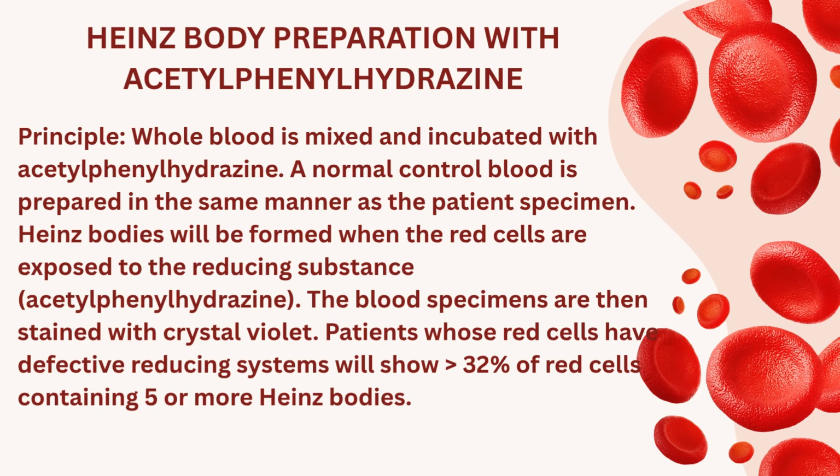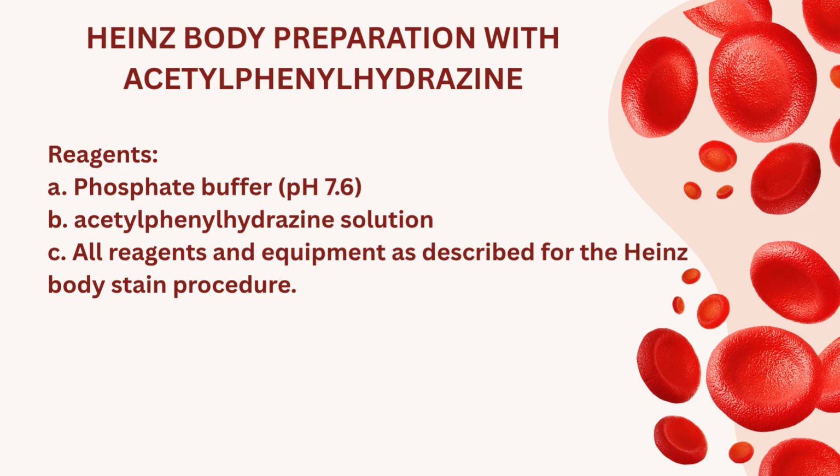The blood specimens are then stained with crystal violet, and patients whose red cells have defective reducing systems will show greater than 32% of red cells containing 5 or more Heinz bodies. The reagents are flashed on the screen.